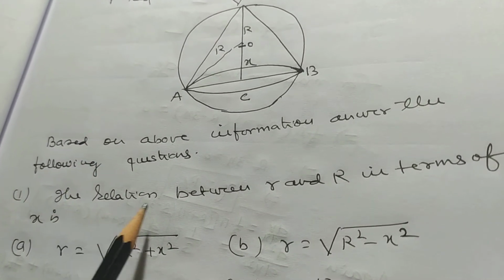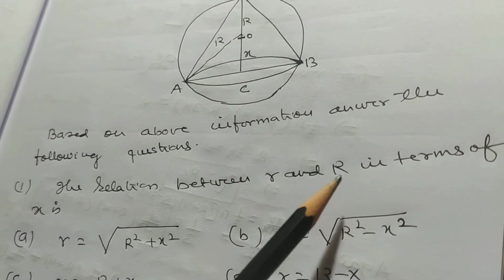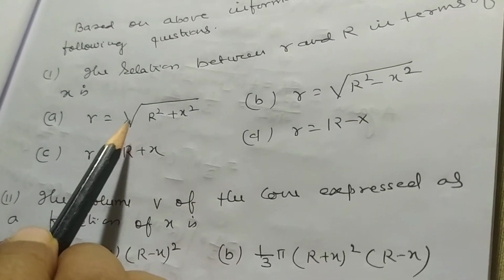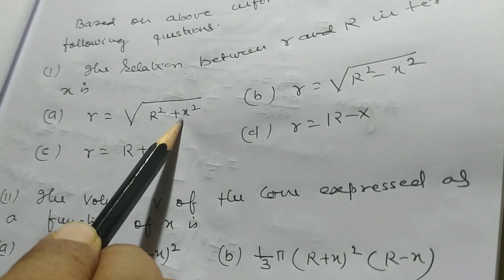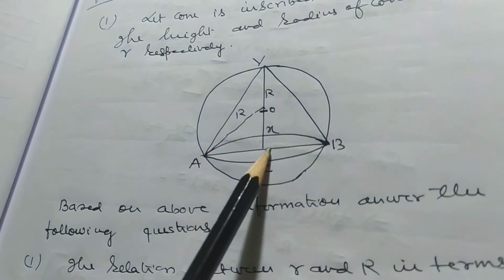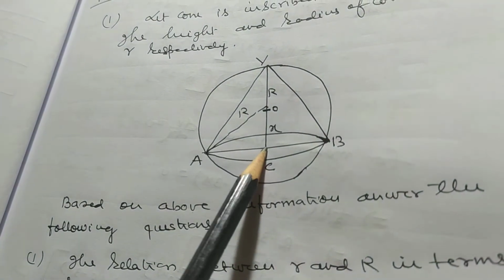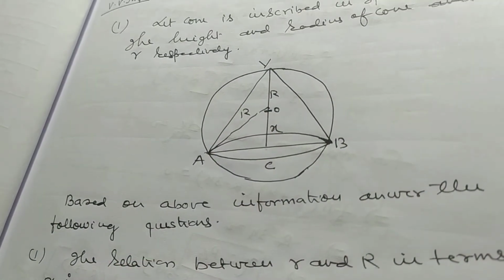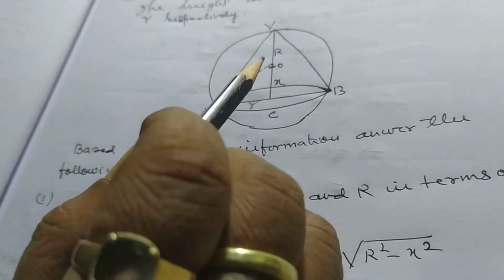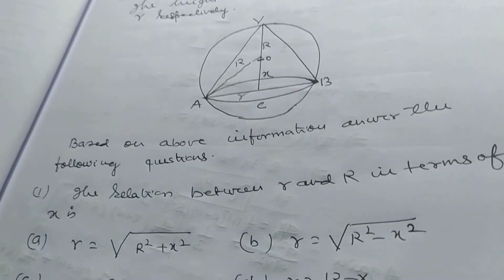So, the relation between small r and capital R in terms of x is R equal to root over r square plus x square, where x is the distance of the center of the sphere from the base of the cone, small r is the radius of the cone, and capital R is the radius of the sphere.